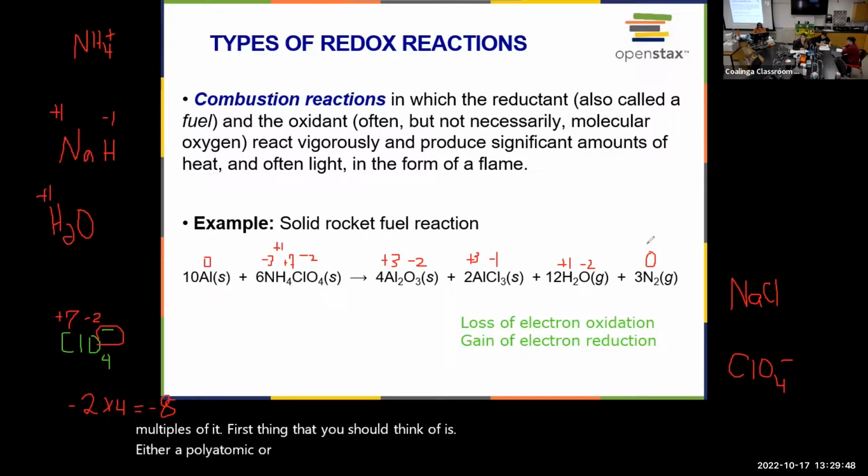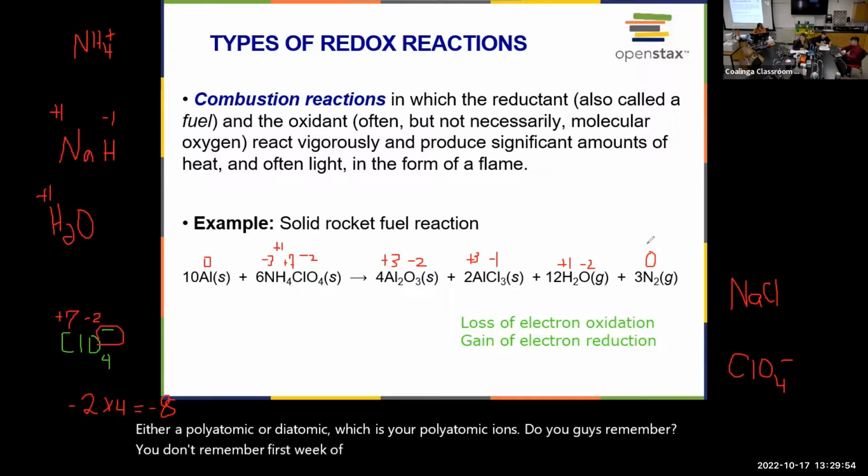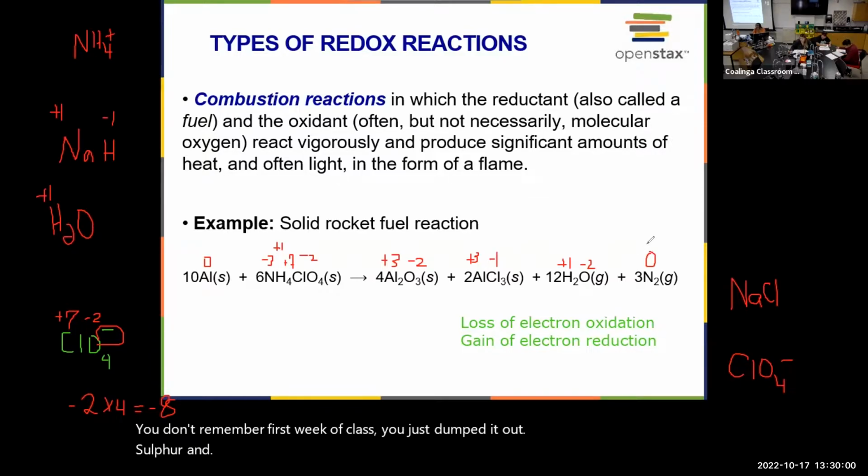Which are your polyatomic elements? Let's remember. Remember, first week of class. Sulfur is 8 and phosphorus is 4 or 6, I can't remember.